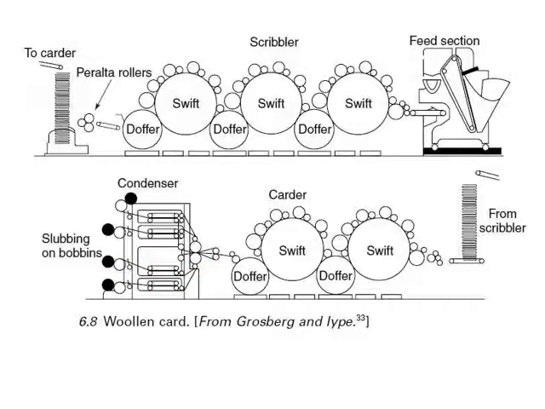So the length and other things are different in woolen and worsted card, but the mechanism of carding is almost the same. So we are going to learn the mechanism of carding with respect to both woolen and worsted card.